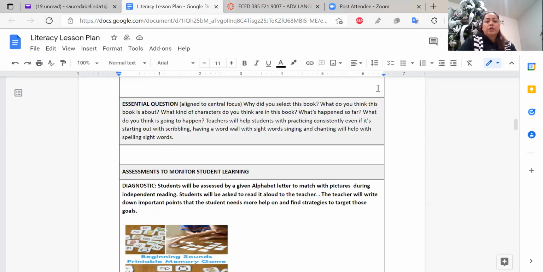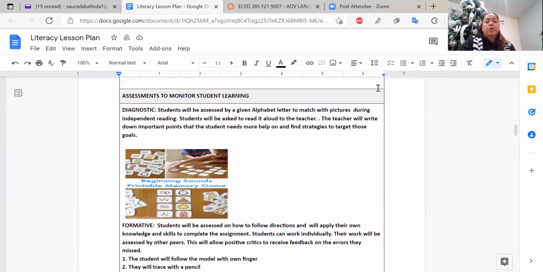And teachers will help students with practicing consistently, even if it's starting out with scribbling, having words on the wall with sight words, singing and chanting to help with spelling sight words as well.